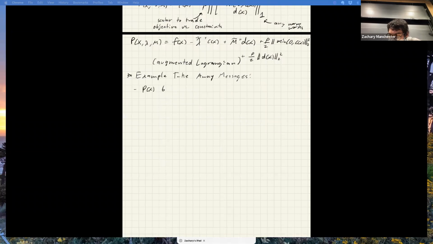Okay, so a penalty P of x based on the KKT residual is often expensive to compute, so not super common in practice.